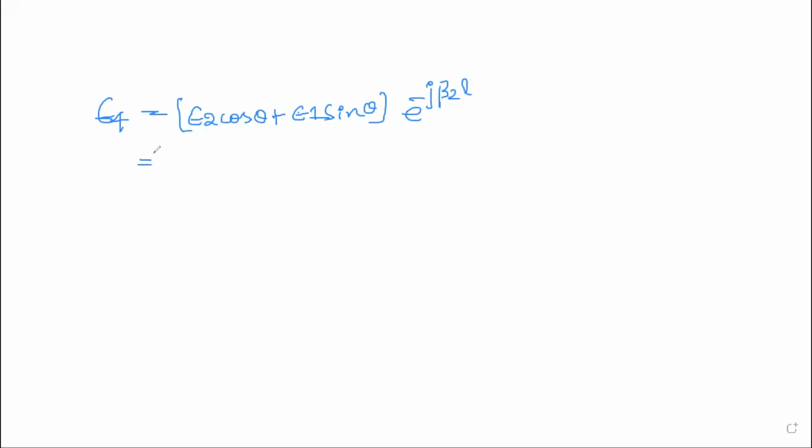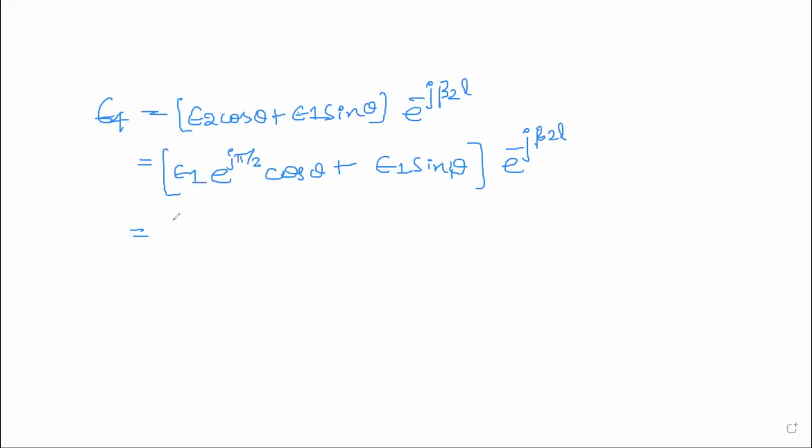Now the steps are same. We take E2 from equation 3, that is E1 e to the power j pi by 2 cos theta plus E1 sin theta, into e to the power minus j beta 2L. If you simplify, take E1 outside.